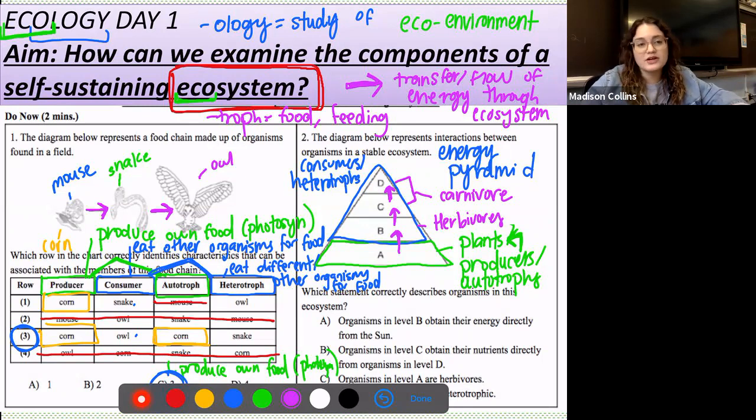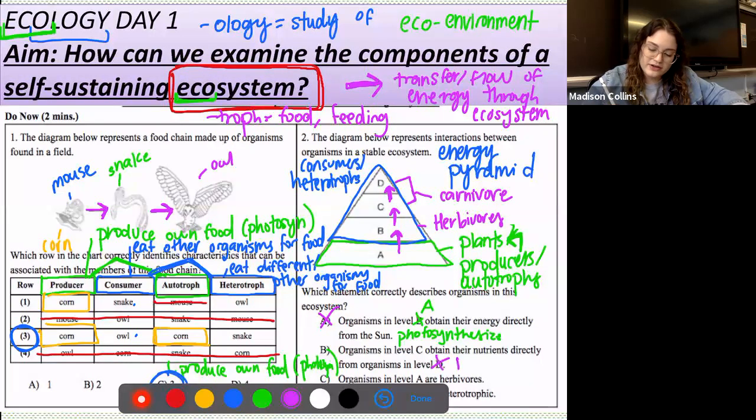So which statement correctly describes organisms in this ecosystem? Is it A, organisms in level B obtain their energy directly from the sun? Well, this is talking about organisms that can photosynthesize, which we know we're going to find in level A. So we can cross that one out. All right, B, organisms in level C obtain their nutrients directly from organisms in level D. Well, organisms in level C are going to be eating the herbivores.